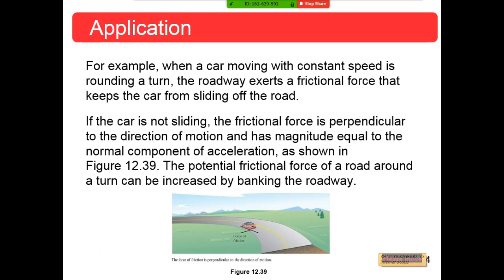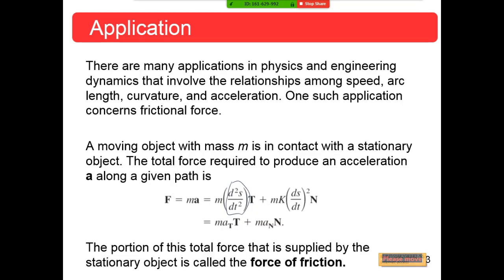If the car is not sliding, the frictional force is perpendicular to the direction of motion and has a magnitude equal to the normal component of the acceleration, as shown in this figure here. Well, let's go back to here.